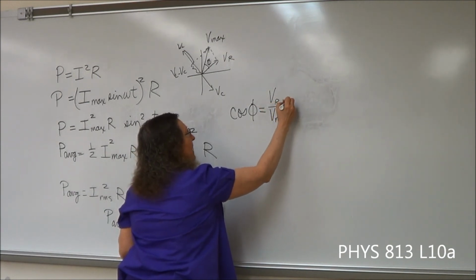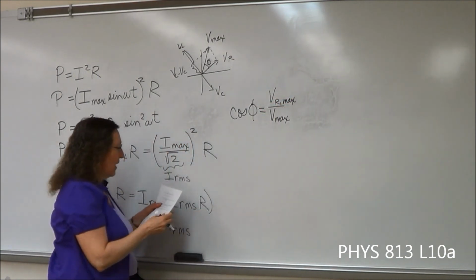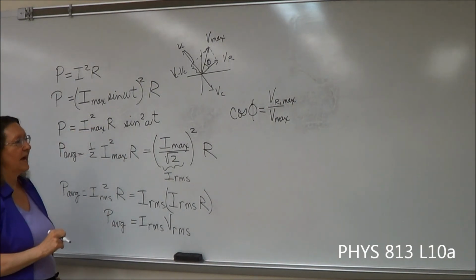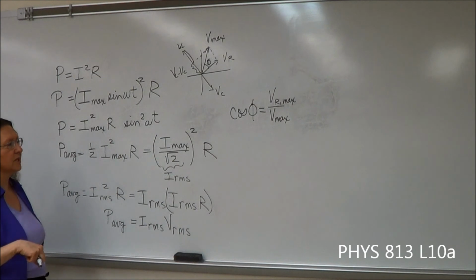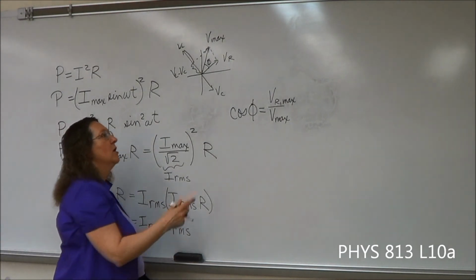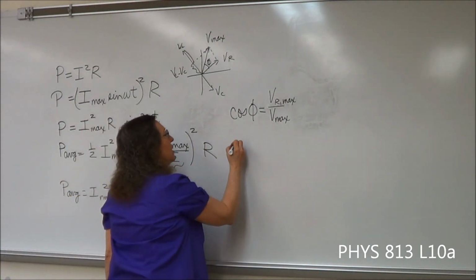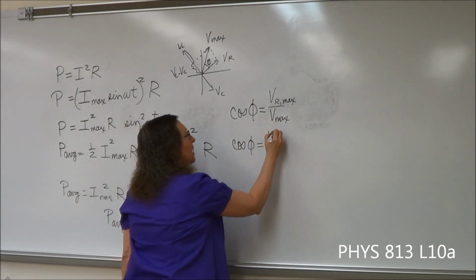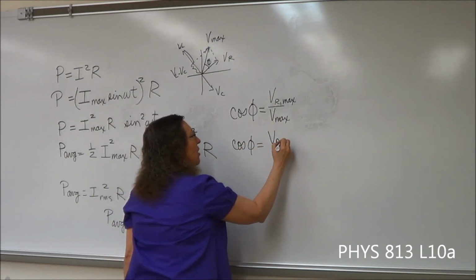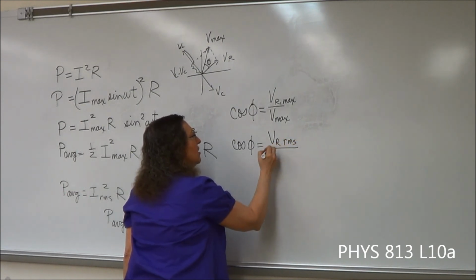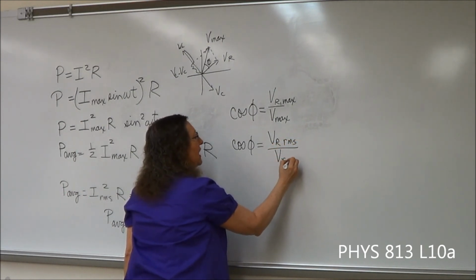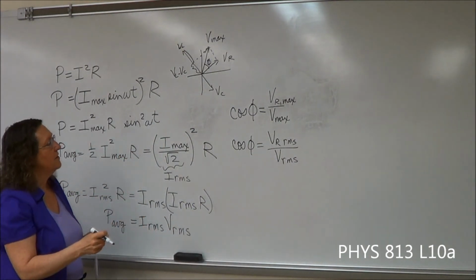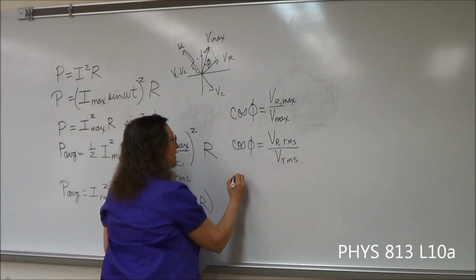So VR max. Well, it turns out that if we have a ratio of maximum values, and we converted them both to RMS values, we would have the same ratio. So the cosine of phi can be written as VR RMS over V RMS. Okay. Then we can solve this.